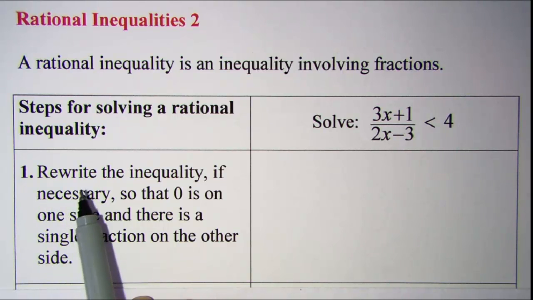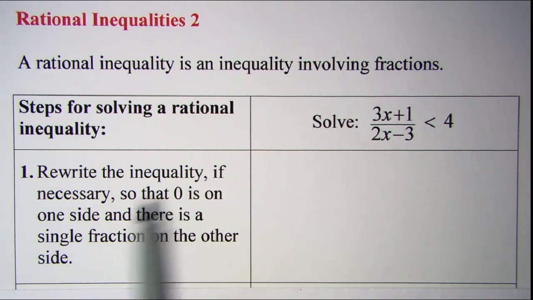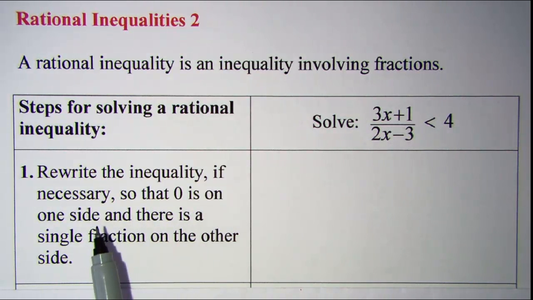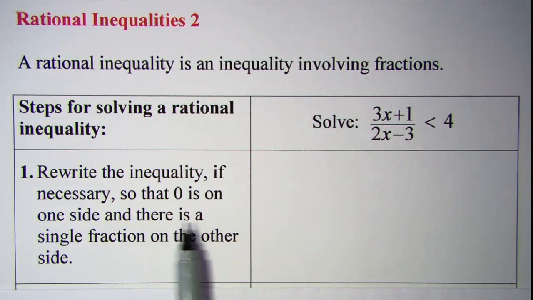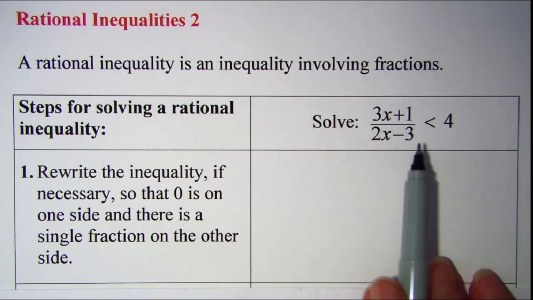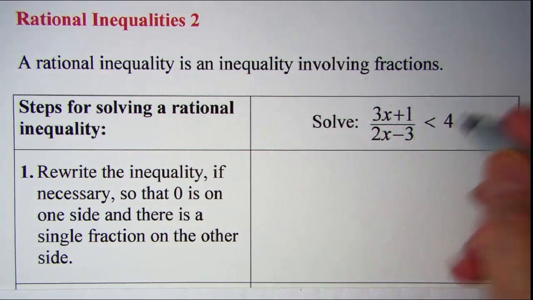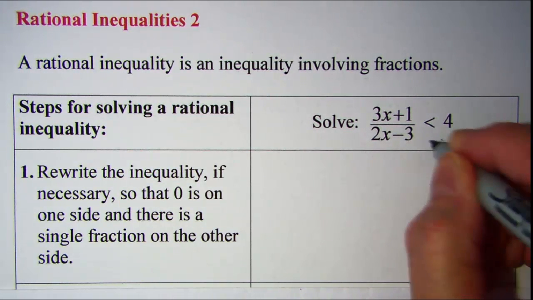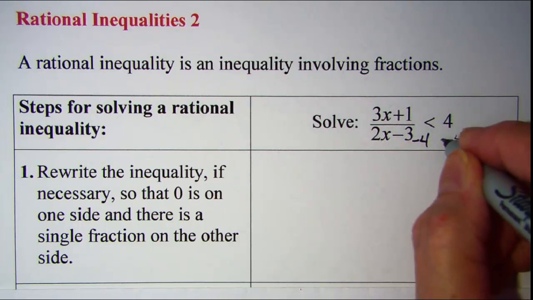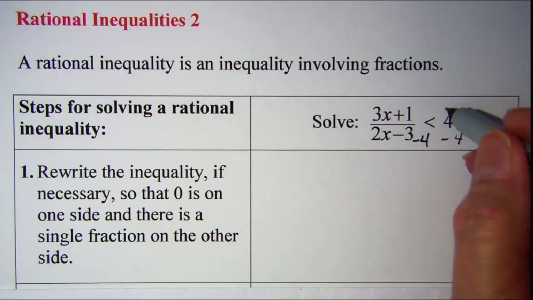So our first step is to rewrite the inequality, if necessary, so that 0 is on one side and there is a single fraction on the other side. So I first need to get a 0. I'll subtract 4 from both sides. And these will cancel.